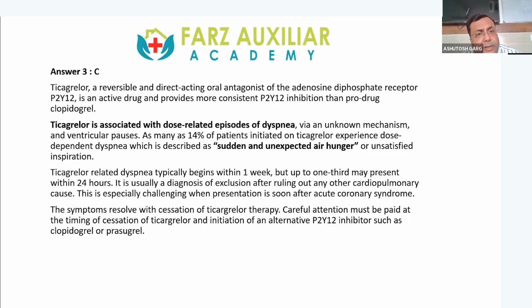So if you find dyspnea in a patient who is on ticagrelor, a P2Y12 inhibitor, it may be because of this dose-dependent dyspnea, which is sudden and unexpected air hunger or unsatisfied inspiration. Symptoms like that should be there. So you should have a very high index of suspicion when you are using ticagrelor in this clinical setting, if the patient comes to you with episodes of dyspnea.